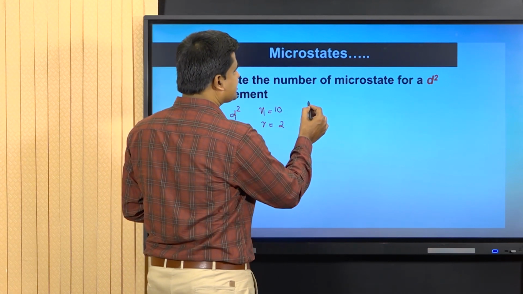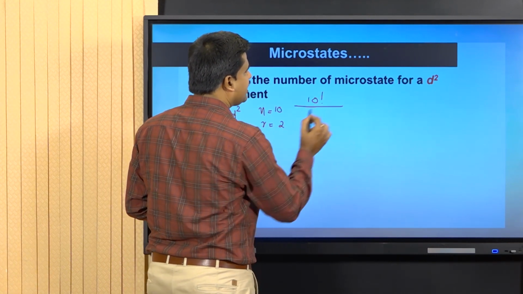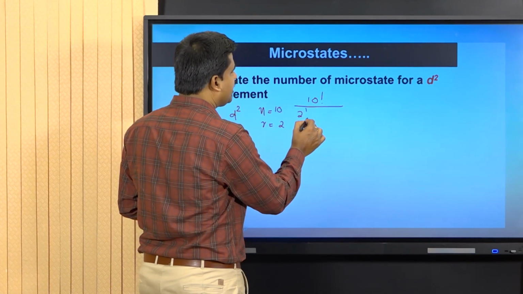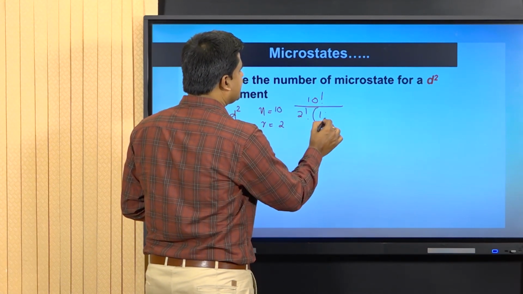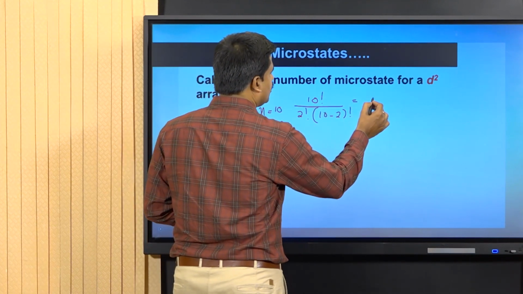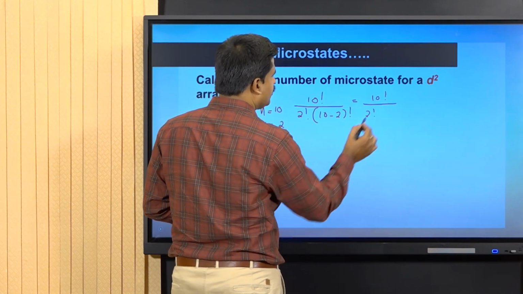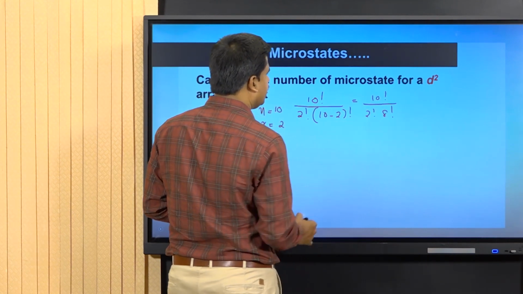Therefore, the number of microstates is given by 10 factorial divided by 2 factorial into 10 minus 2 factorial, that is equal to 10 factorial divided by 2 factorial into 8 factorial.